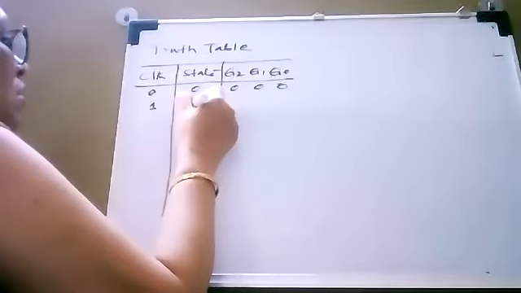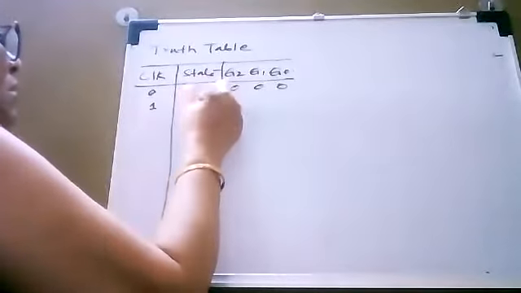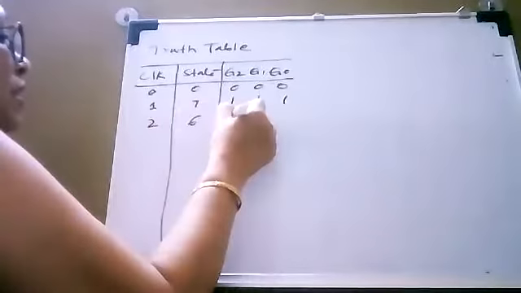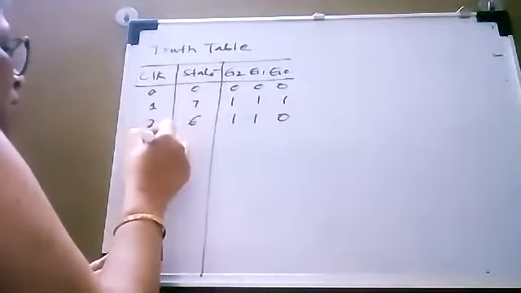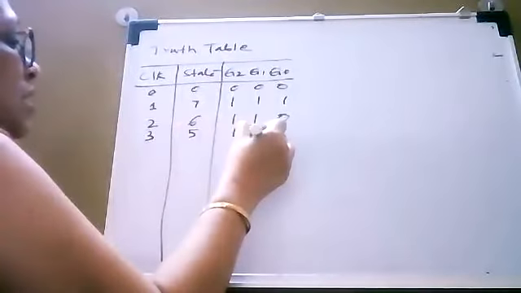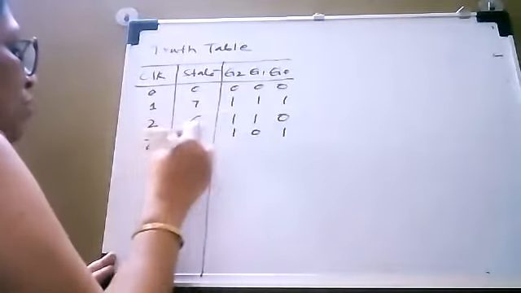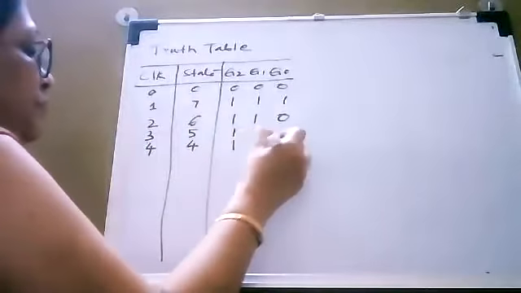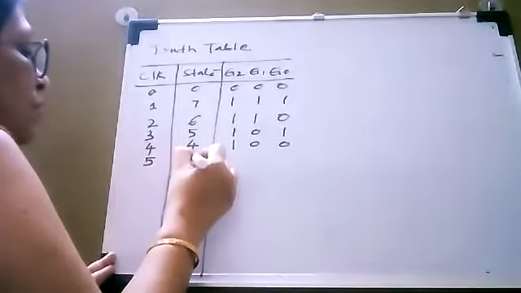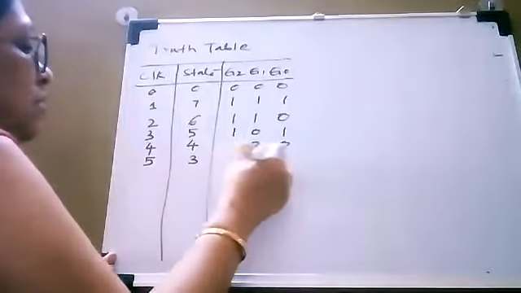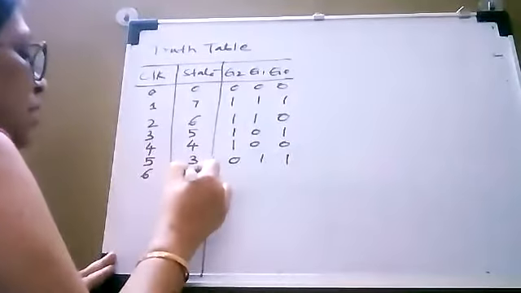For first clock pulse, you will get the seventh state, 111. For second clock pulse, you are getting sixth state. For third clock pulse, fifth state. For fourth, fourth state. For fifth, third state.